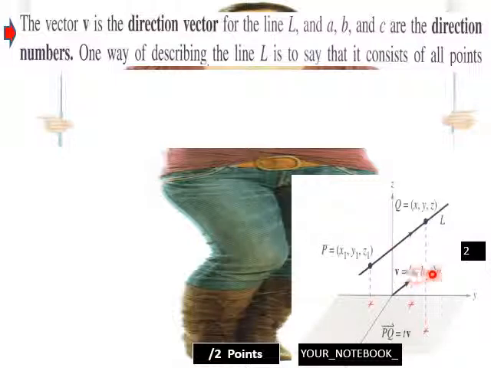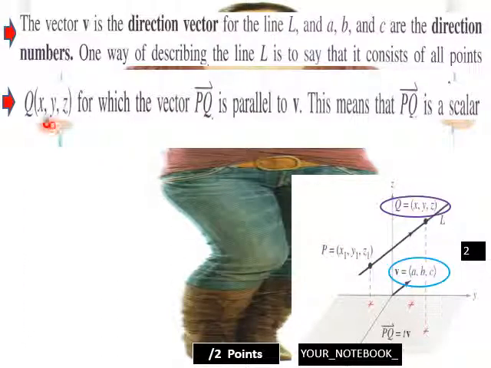One way of describing the line L is to say that it consists of all points Q, X, Y, Z, for which the vector PQ is parallel to V.